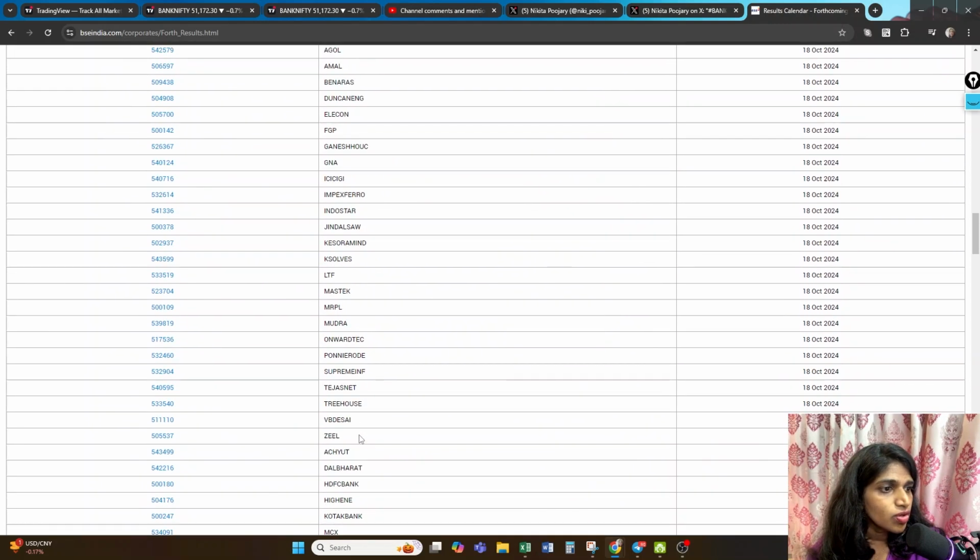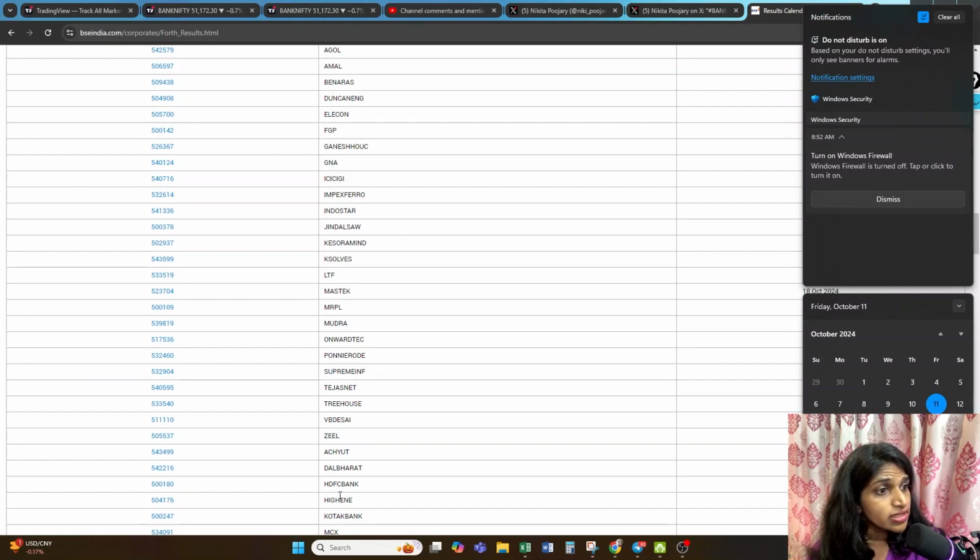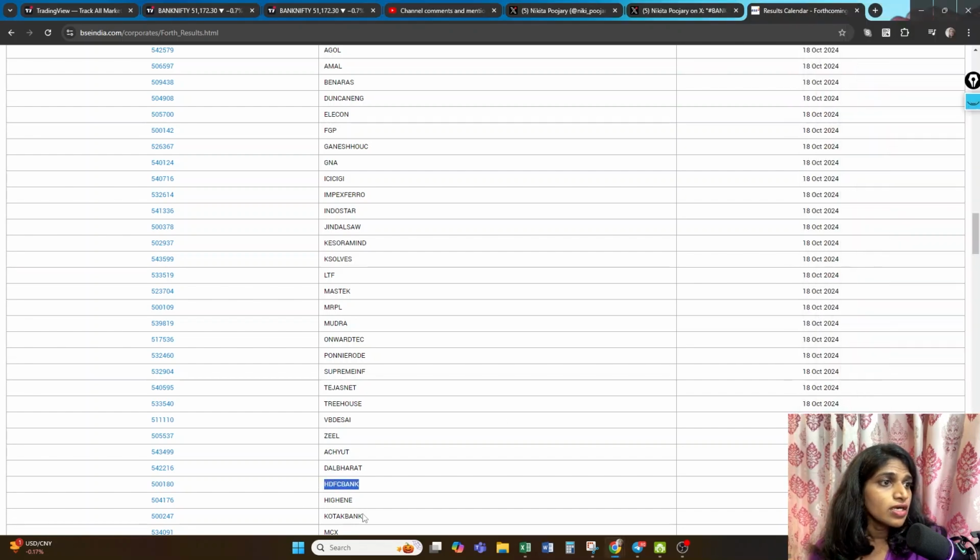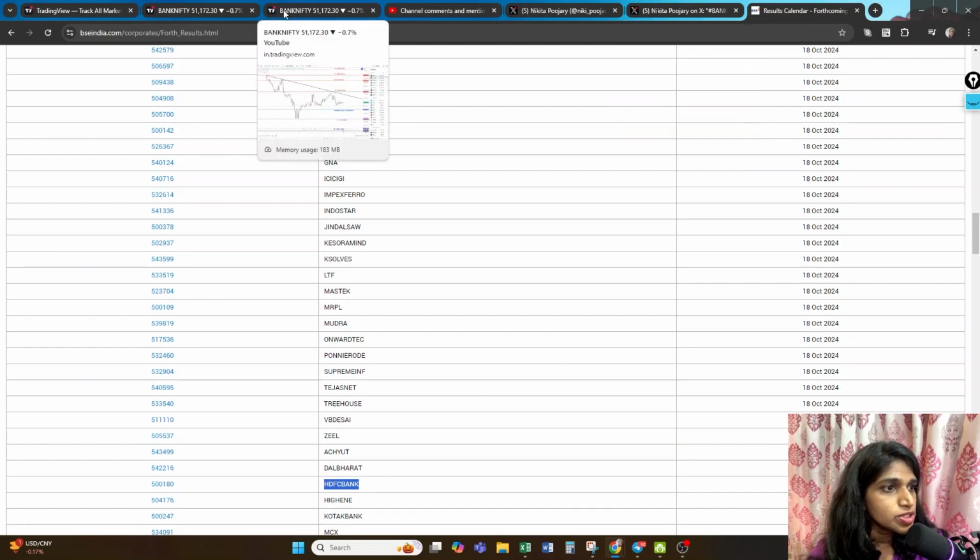Then Kotak Bank is on 19th October, and on 19th October we also have HDFC Bank. So on the coming Saturday, we have HDFC Bank and Kotak Bank results as well. Those are heavyweights in Bank Nifty for sure. So just be aware before taking any overnight positions for the next weekend.